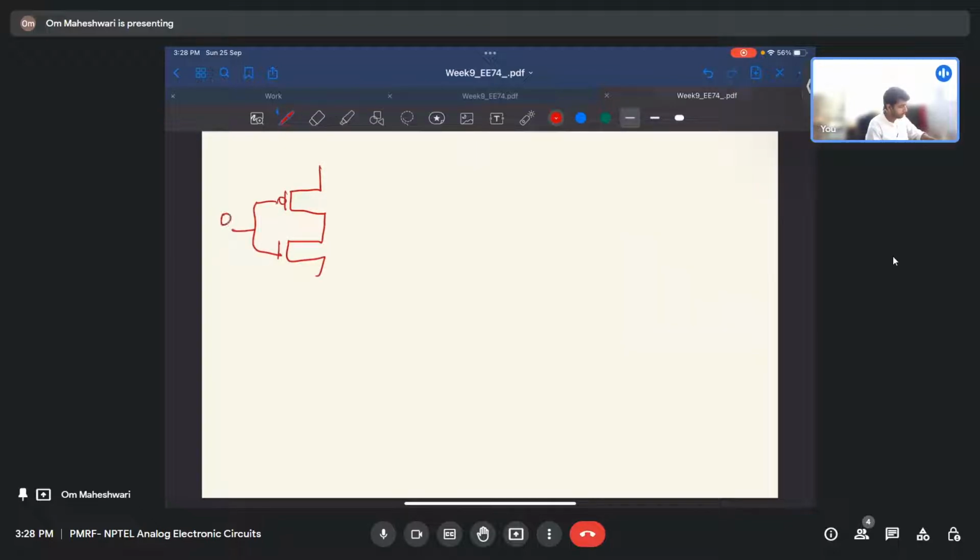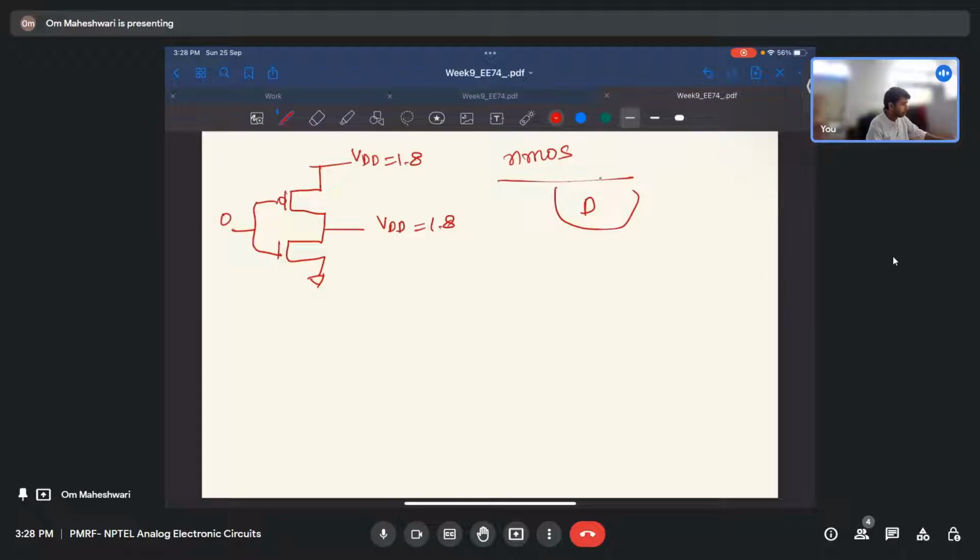So input is 0, output will be at VDD. VDD is 1.8 volt given. So we just have to identify what are the reverse bias conditions. Let us take NMOS again first. This is the drain. Output is 1.8. Body is at 0. So VR is equal to 1.8 volt for NMOS.